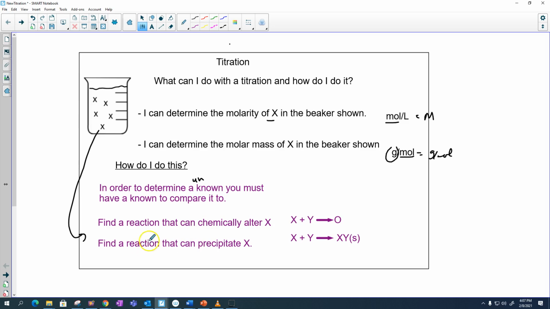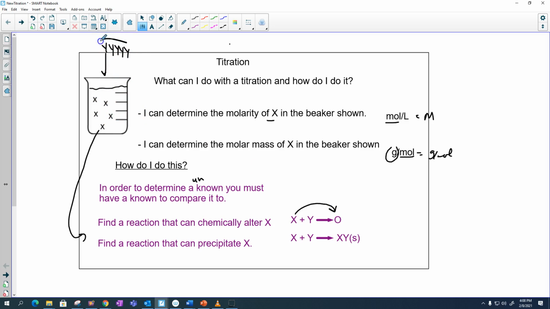For example, I could convert X to something else, and maybe this something else has a property that I can monitor. And I know that I have 10 X's, and as I drop in Y's, X's are disappearing and O's are showing up, and I can track how many Y's I have to add in order to get all the X's to disappear.